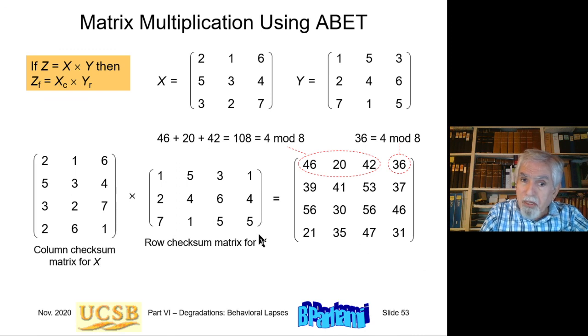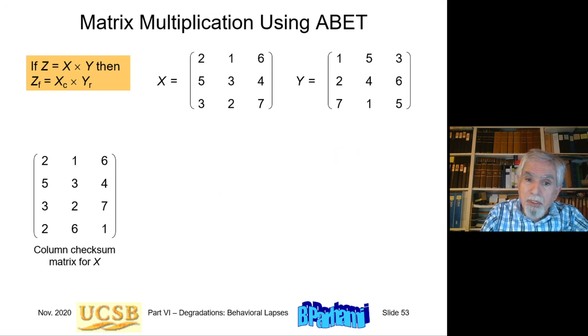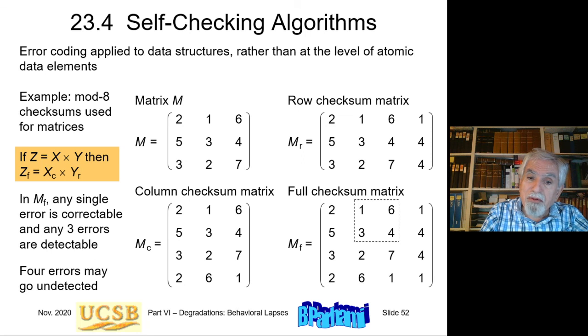Now if something goes wrong in the course of multiplication, then these checksums are not likely to match, and therefore you detect it. Now as a data structure, this full checksum matrix can correct a single error.